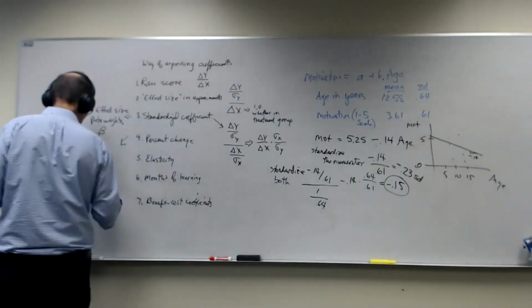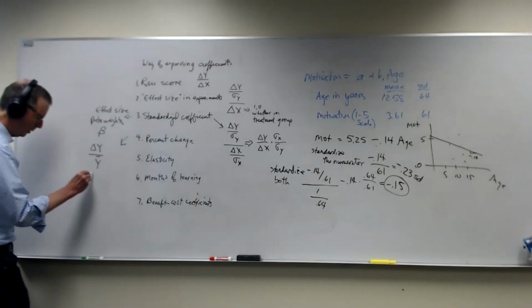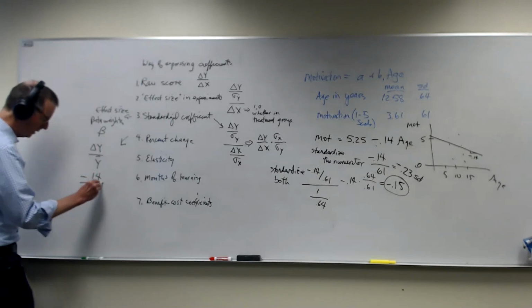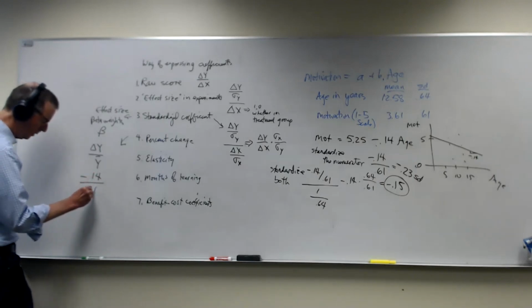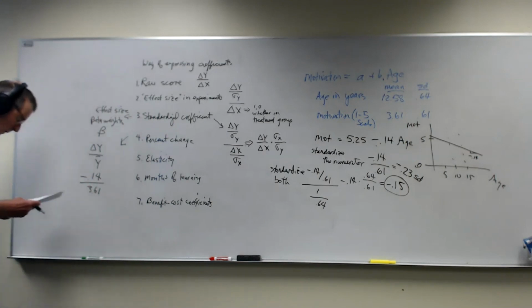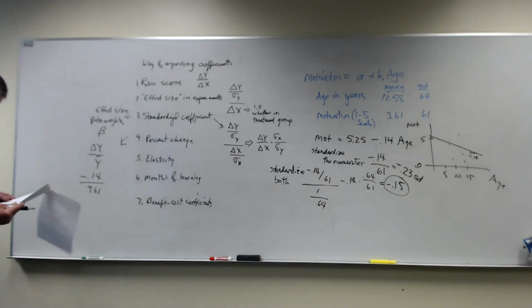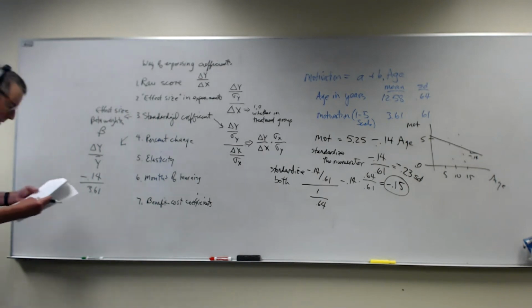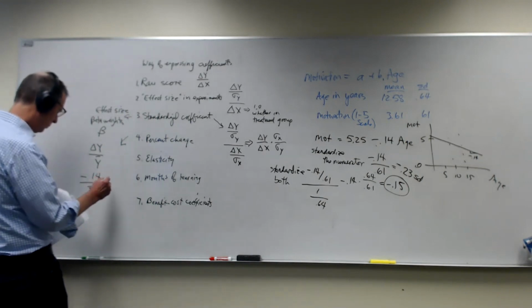So if we express minus 0.14 as a fraction of 3.61, we end up with 3.8%.